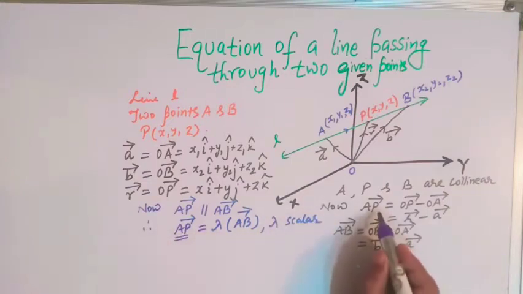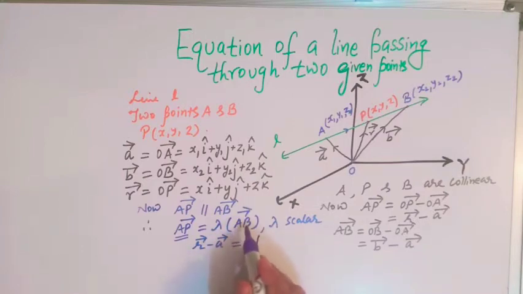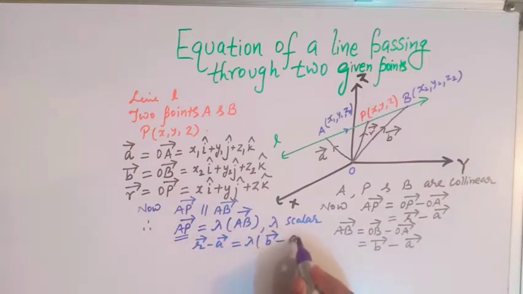For AP we can substitute vector r minus vector a, and AB can be written as vector B minus vector A, right?